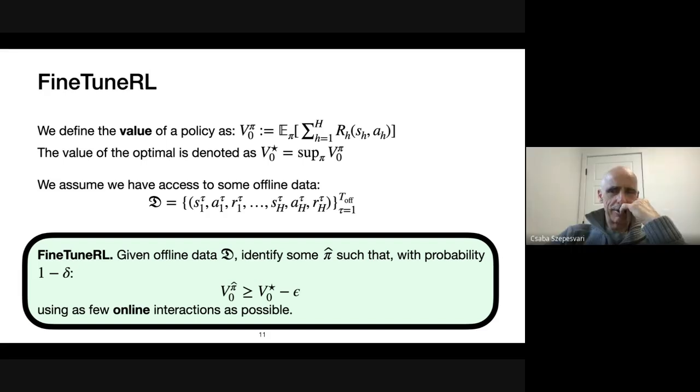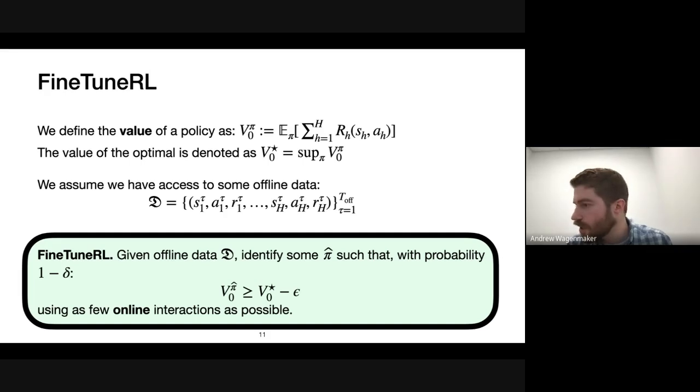Okay. So I think there are questions even there as to how to best do this, right? We could take any online RL algorithm and put in the offline RL data. Say we're running a UCB style algorithm, we just warm start our confidence intervals with the offline data and keep running it. This is totally something you could do. But it's still a question of whether that is the best thing you could do.